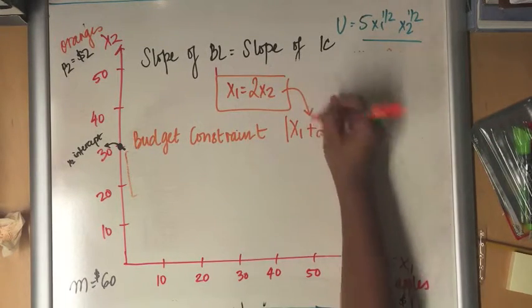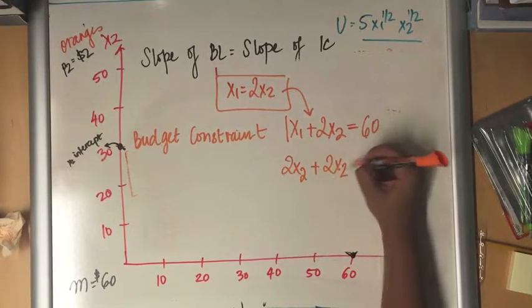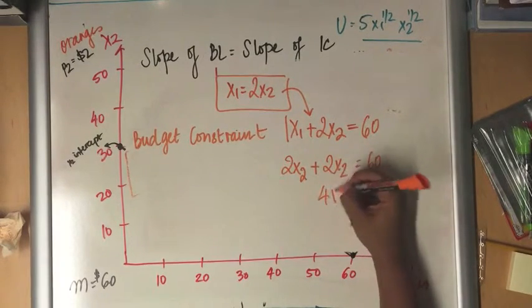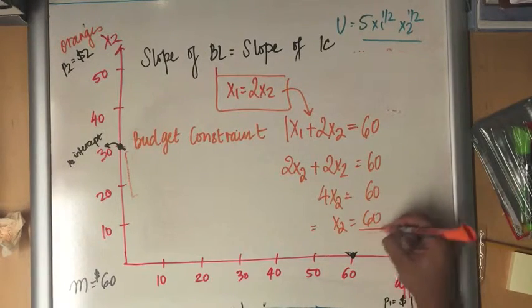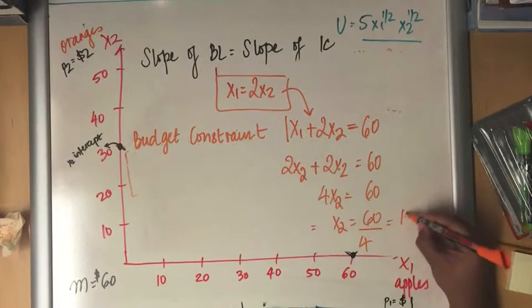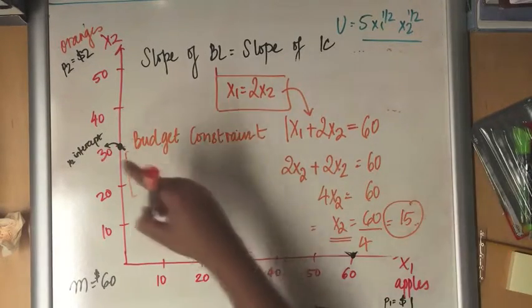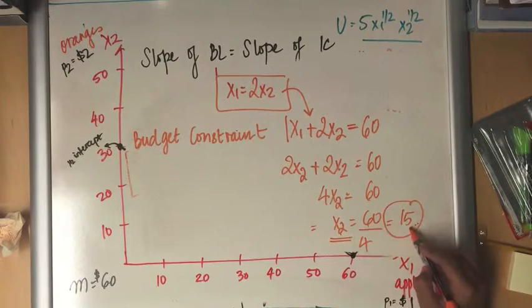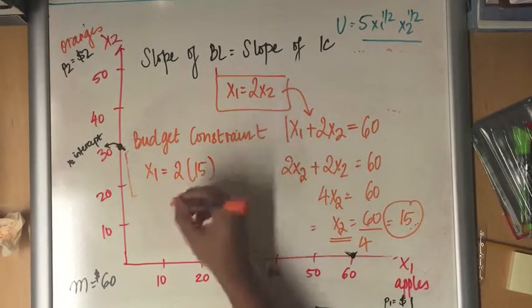If I make this substitution, I get 2x2 plus 2x2 is 60, which means 4x2 is 60, which means x2 is 60 over 4, which is 15. Now if x2 is 15, x1 is 2 multiplied by 15, which is 30.